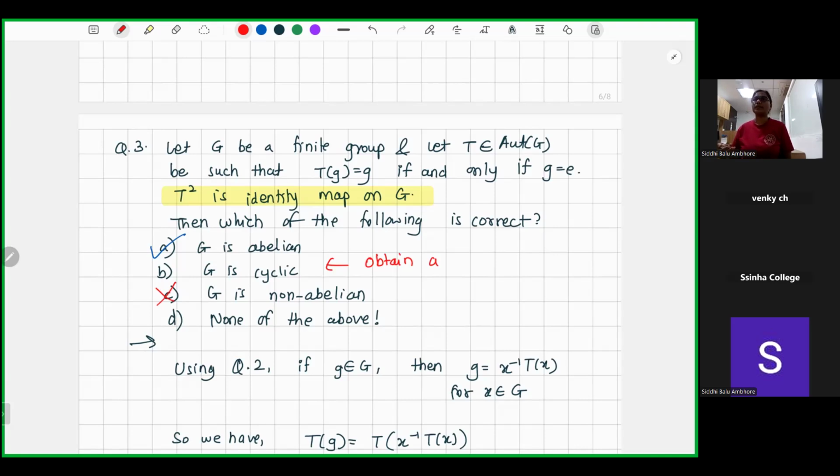So I need to start with an abelian group which has all these properties, and it is not cyclic. So obtain an example of a non-cyclic group satisfying all of these properties.